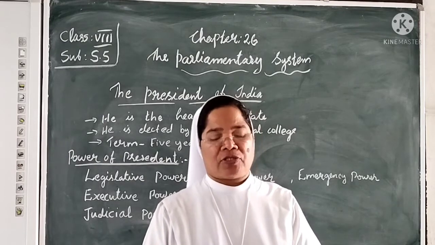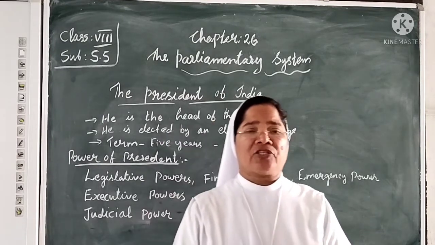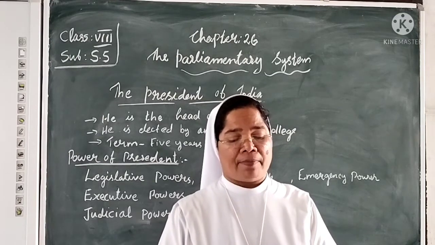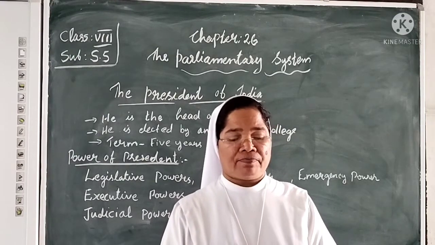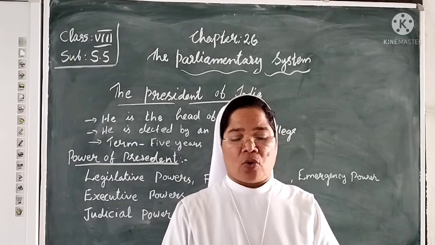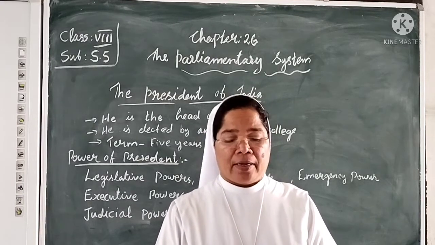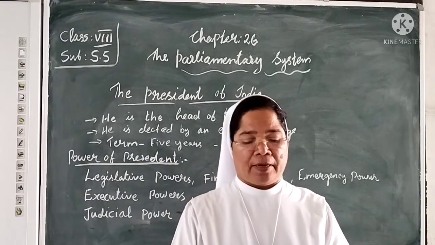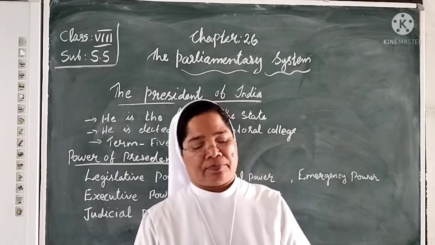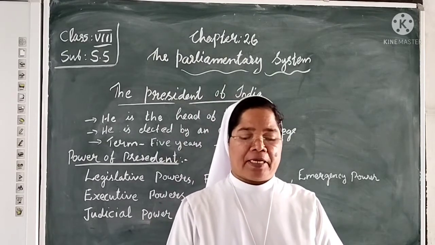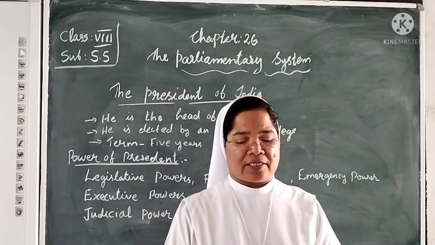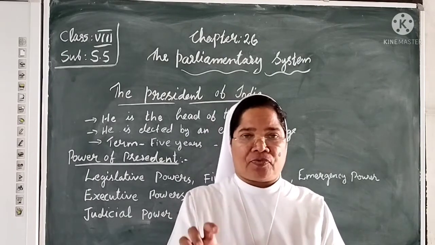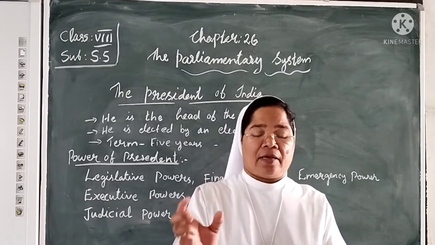He can impose an emergency in case of external aggression or armed rebellion, if the constitutional machinery of a state breaks down, or if there is a threat to the financial stability of the country.